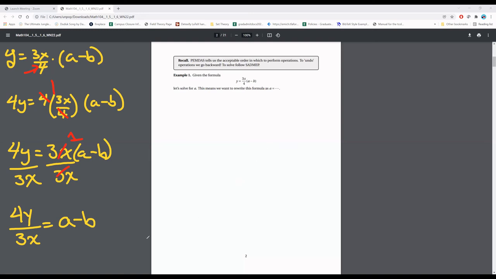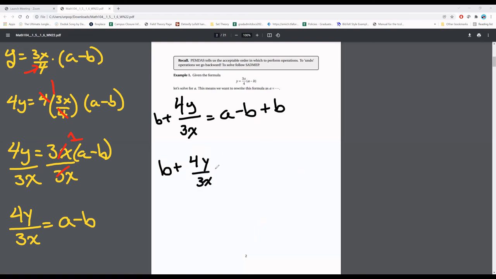One more thing to take care of. I've got minus b over here. I want a by itself, and I have a minus b. That's subtraction. To undo subtraction, I use addition. So if I add b to both sides, what happens?